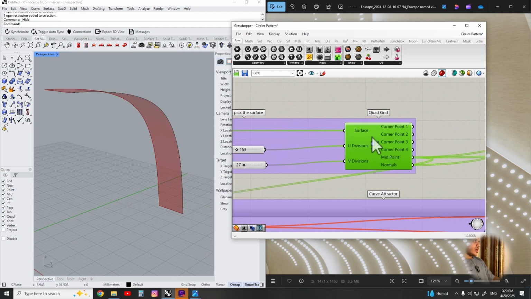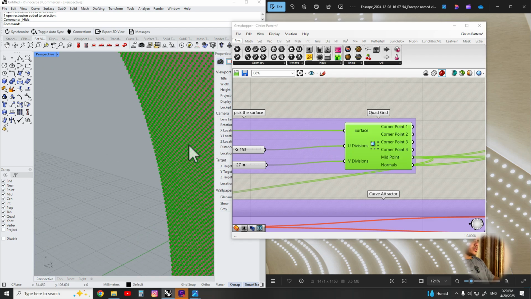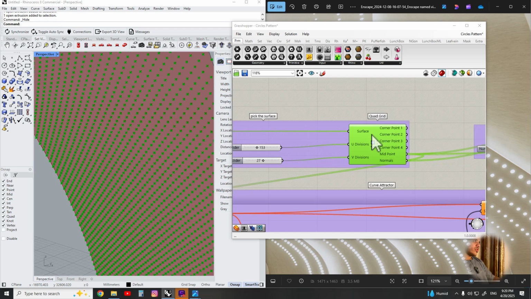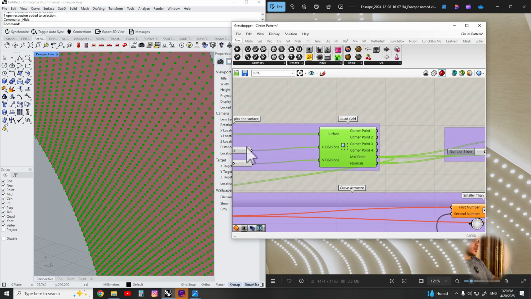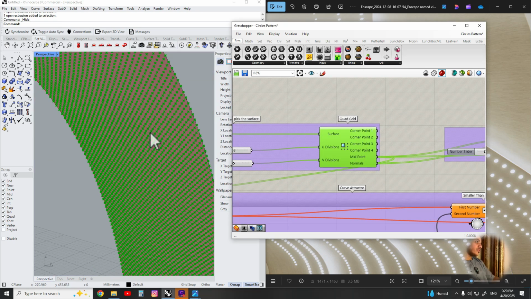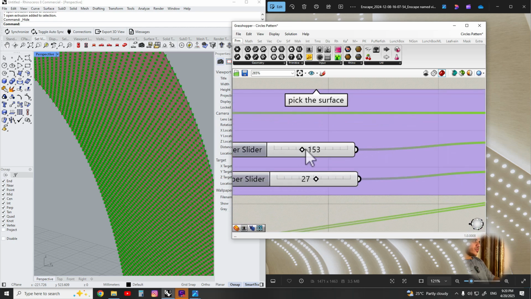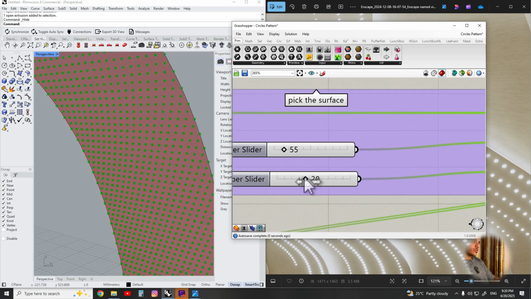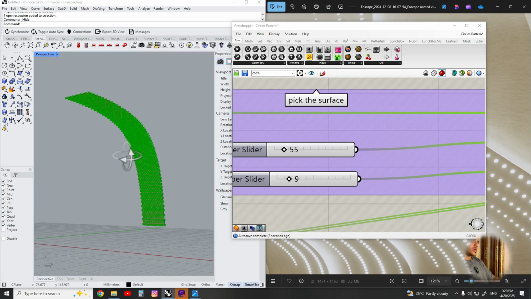Okay, so this one is the division of the points. Of course, if you want to apply circles, you have to divide the surface into points. These points you can change however you desire.